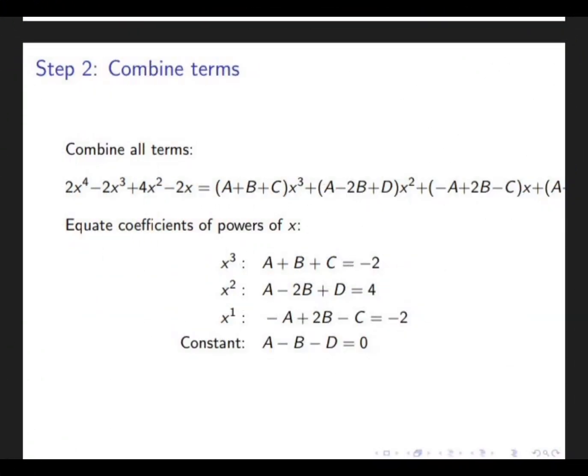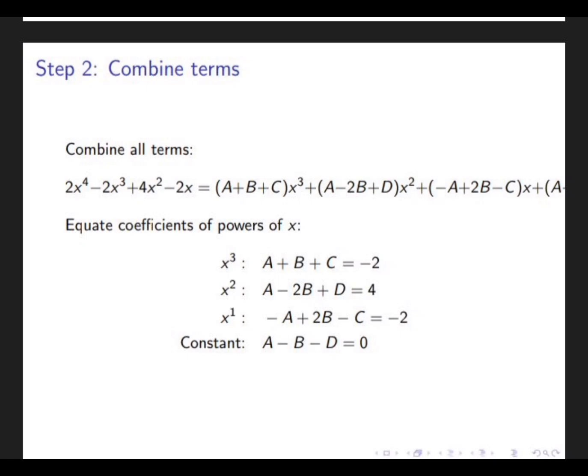After expanding, you compare. You can see clearly that there is no term with x raised to power 4, so that one is set aside. You combine those terms starting from x raised to power 3, x raised to power 2, and x raised to power 1, then you compare.